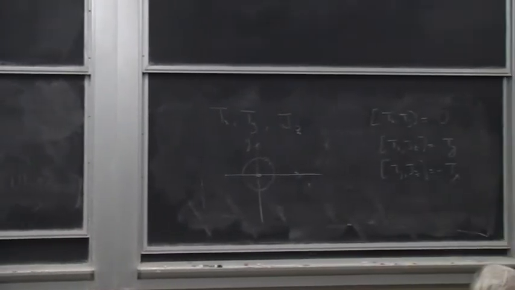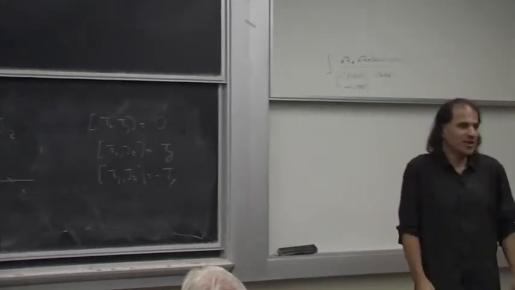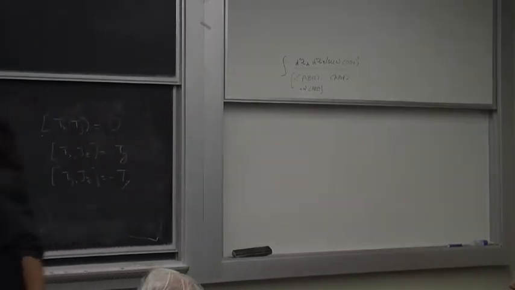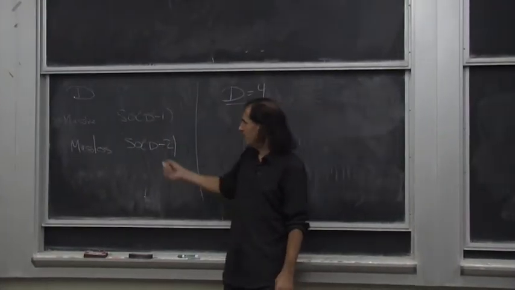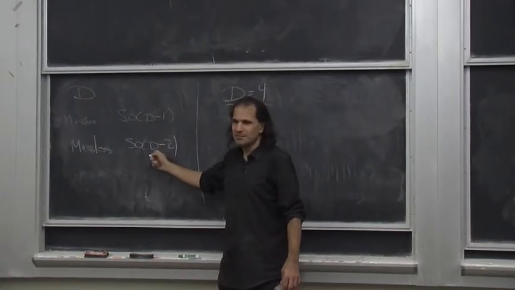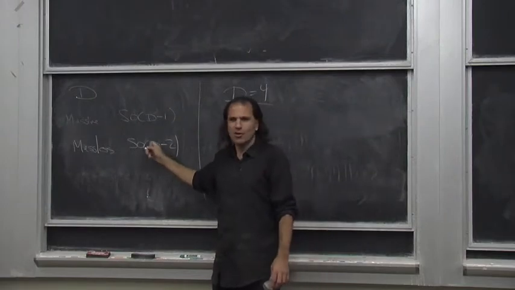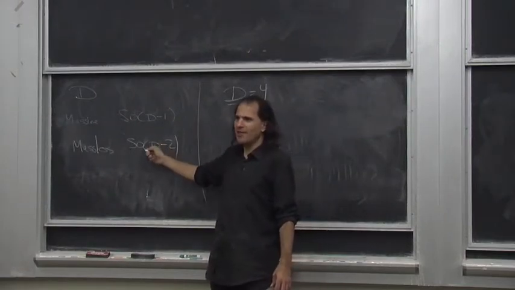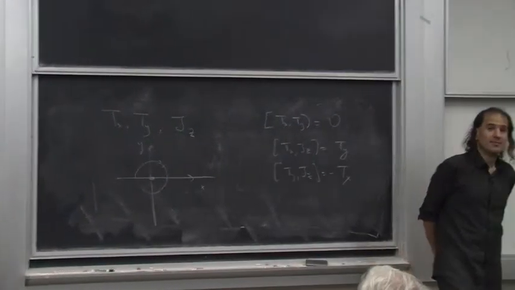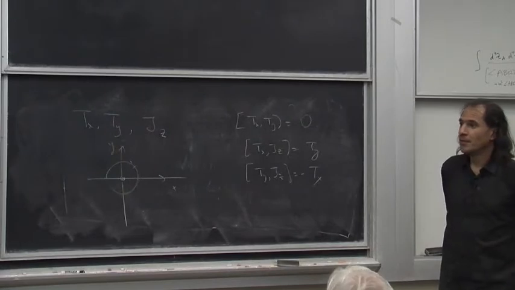So if we're in, for example, 3 space-time dimensions, then massive particles are already just labeled by SO(2), right? And massless particles, what does it mean? What does this mean about life in 3 dimensions? That it's labeled by SO(1). That's right, it's trivial.